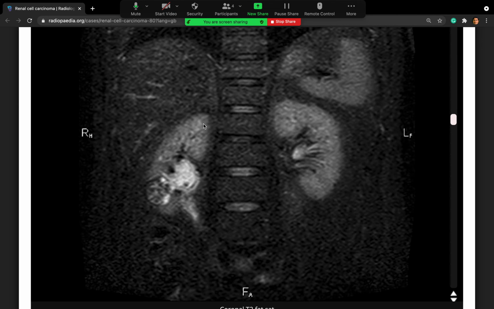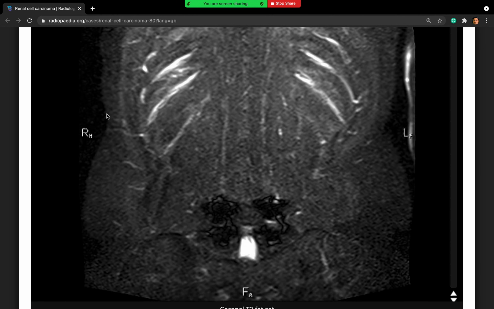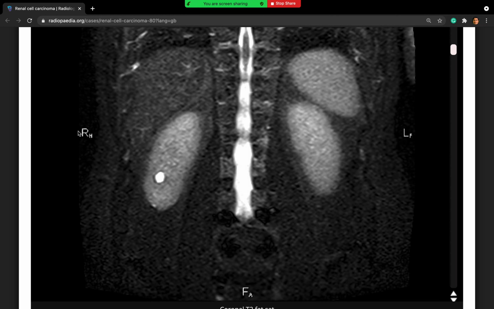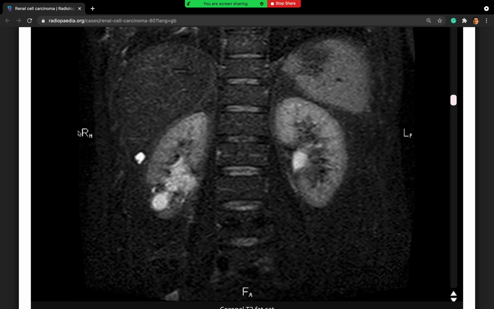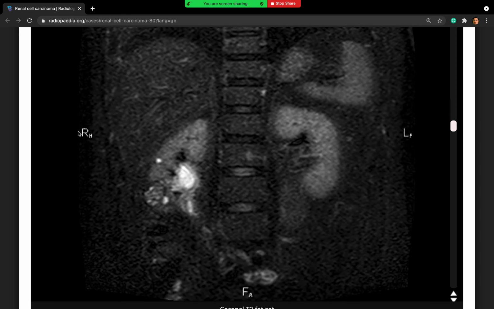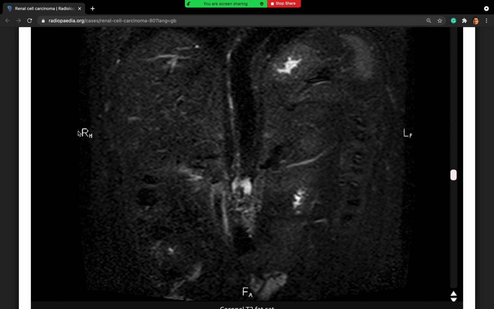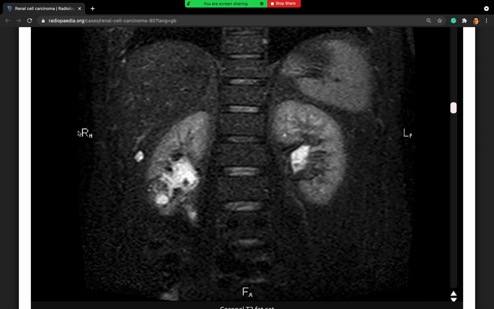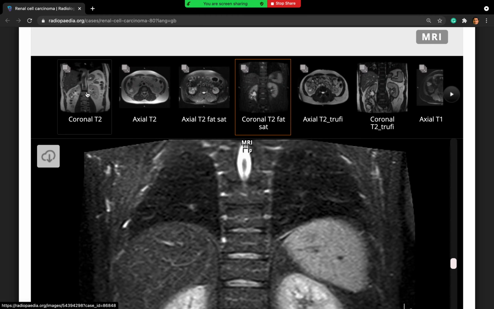Okay, I'm sharing the pictures. Are you able to see the pictures now? Yeah. Okay, so let's go from back to front. So you can see the axial pictures.